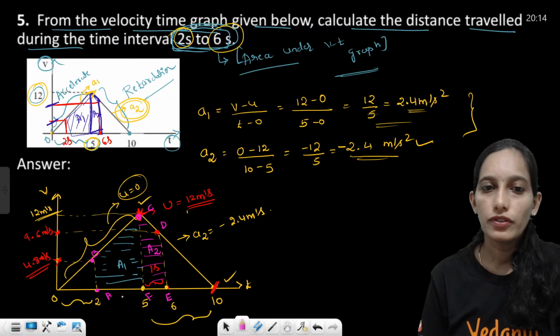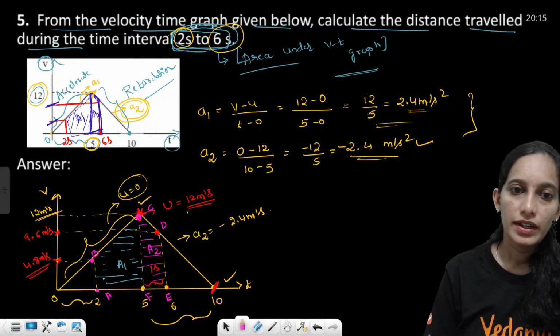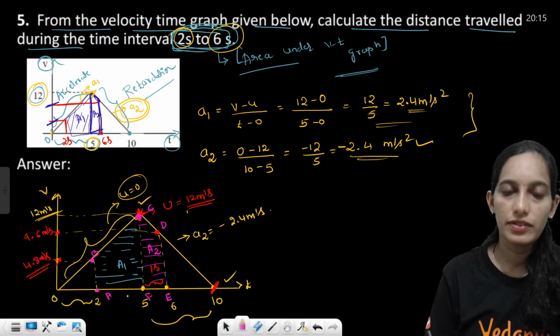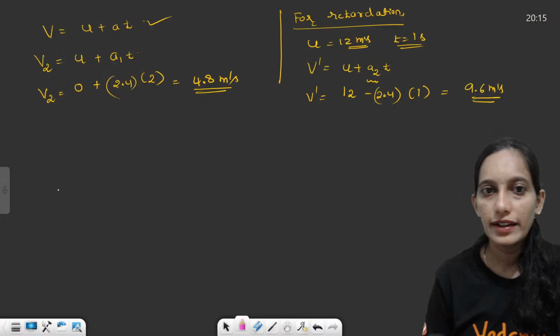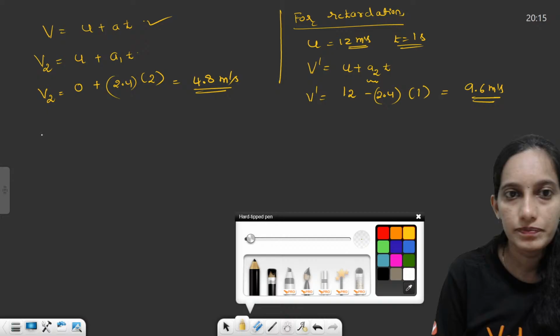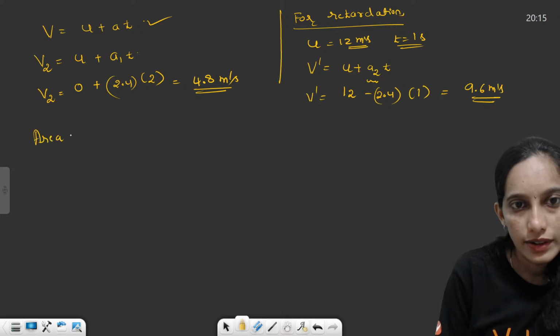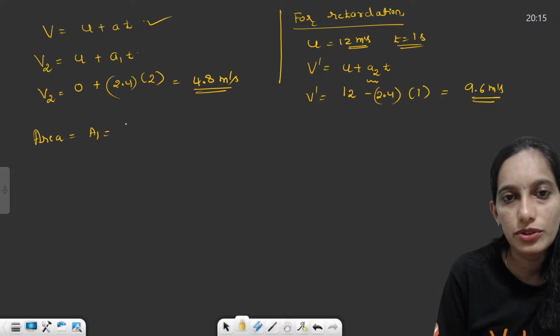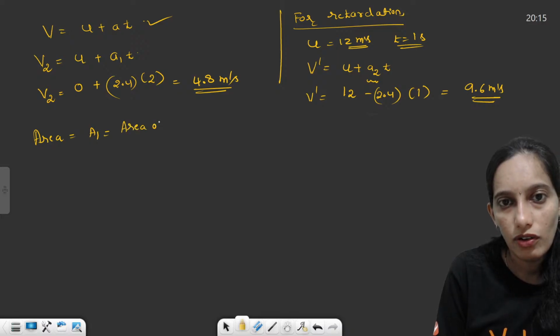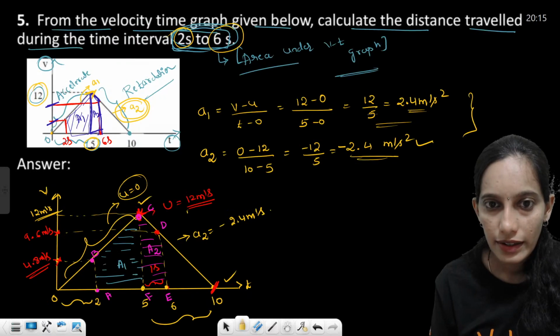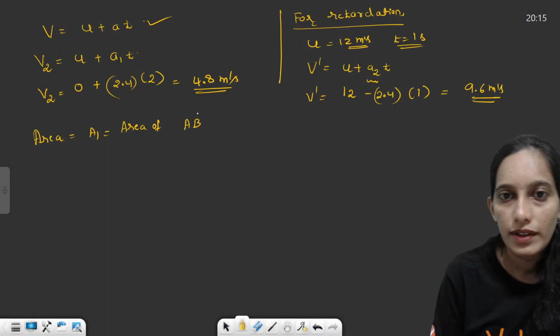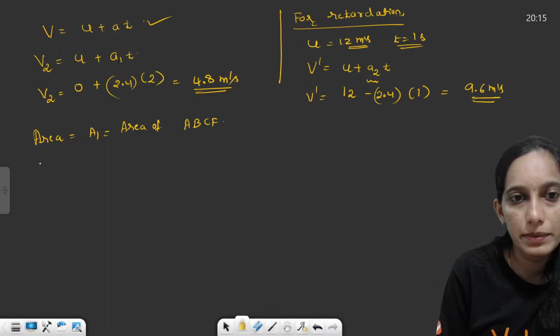Okay, so first area A1, it is the A, B, C, F trapezium area, correct? Let me write here, area A1 is equal to the area of ABCF, that is the trapezium area.